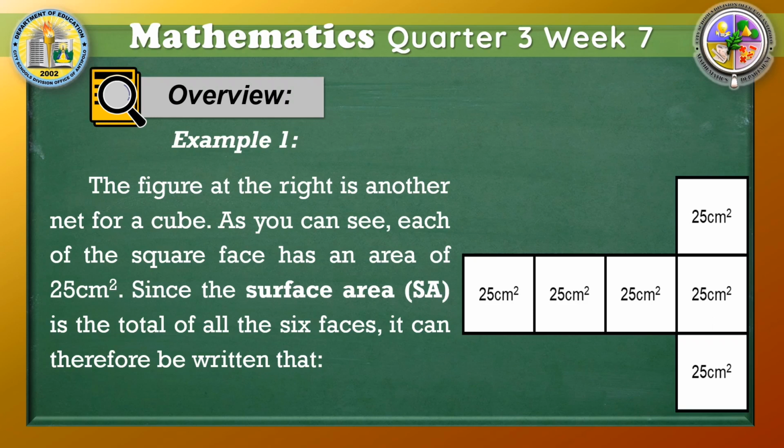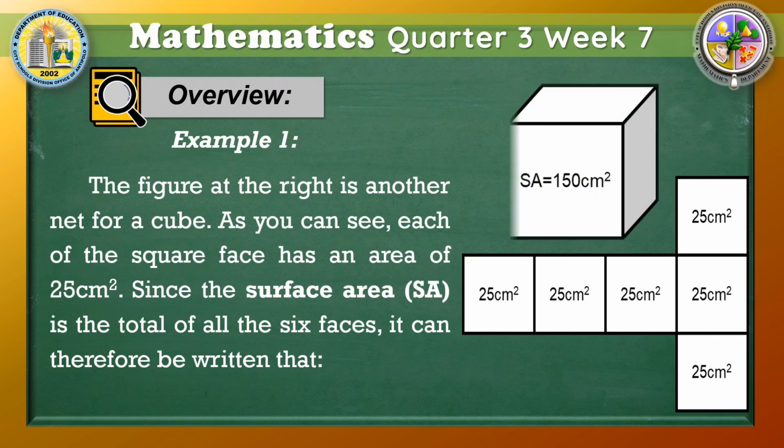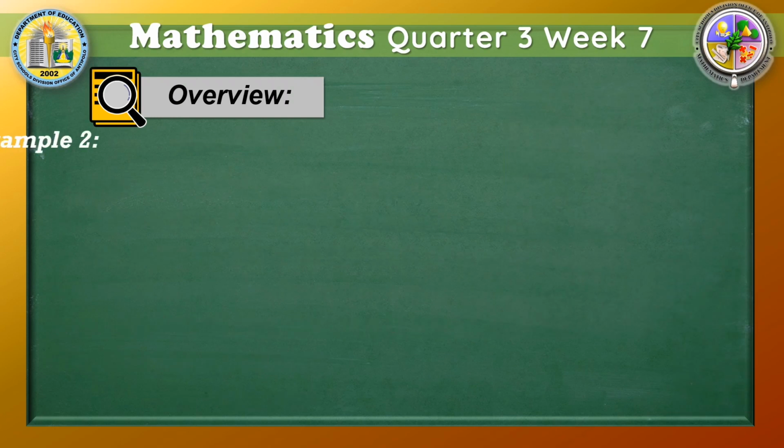Since the surface area, which is written using the symbol capital S and capital A, is the total of all the 6 faces, it can therefore be written that surface area is equal to 150 square centimeters.